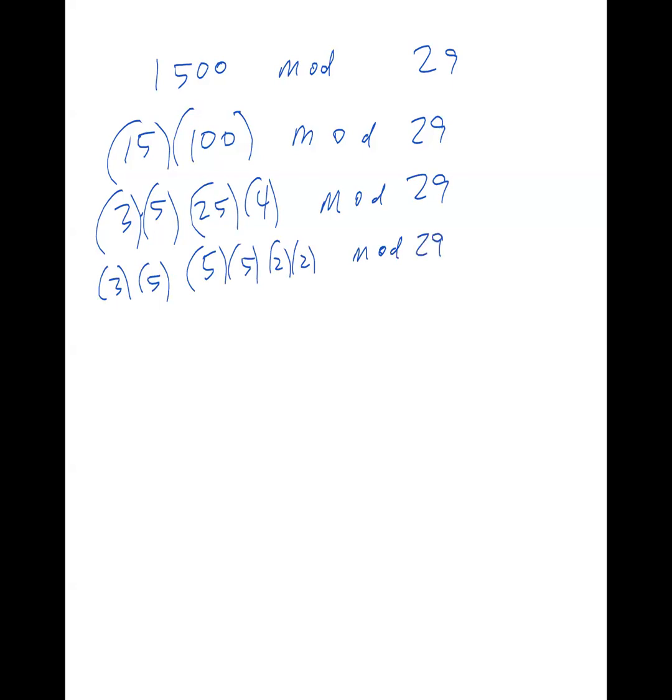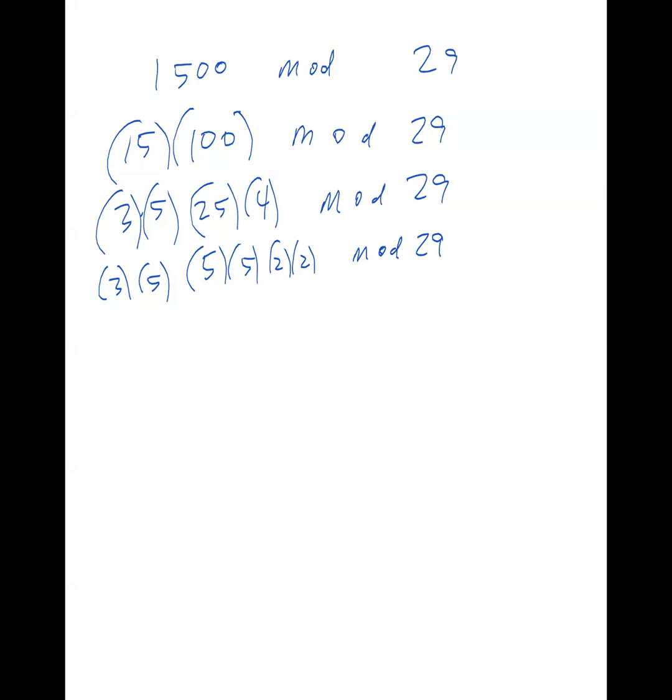The reason is that it gives you options for coming up with a number whose value is close to 29, so it's easy to find the remainder mod 29. What's a number close to 29 that we could get out of 5 and 5 and 2 and 3 somehow? Is there any way that we could get 30 from any combination of 3 and 5 and 5 and 2 and so forth?